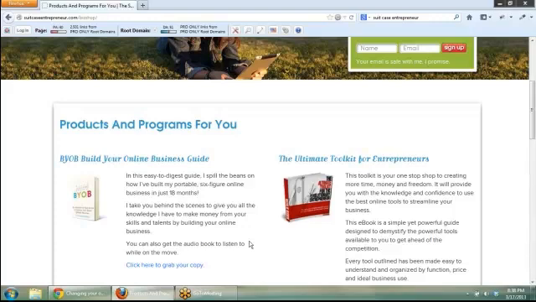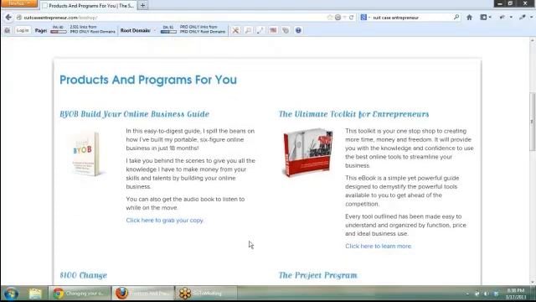And one of the most important things when you write copy is to use the word you. And the reason is because you're talking directly to the person. And that's one of the things that we can improve in your copy here, is basically talking to that person. When you talk about build your own online business, you want to talk to them and say, you're here because of this, this, and this guide can help you with this.